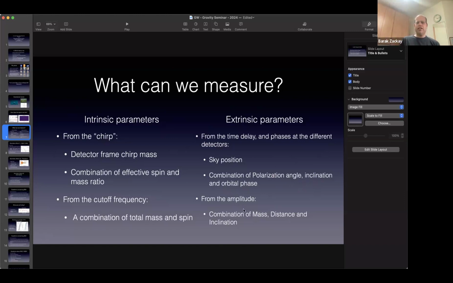From the amplitude of the signal, what you get is basically the mass divided by distance times some sine of inclination. Okay. So the most sensitive configuration is when the system is face on. Okay.